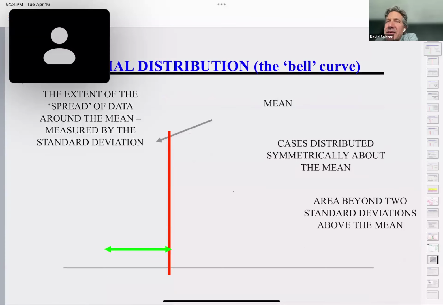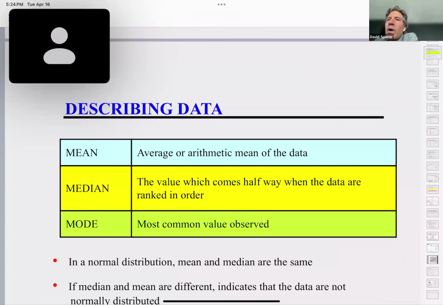But the real key, when we are looking at the data, is that we also want to see the spread of the data. So how wide is the data set?